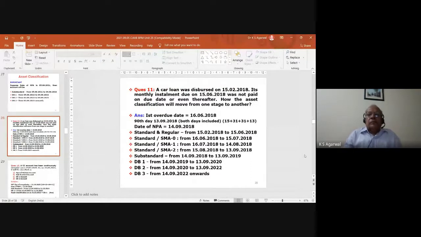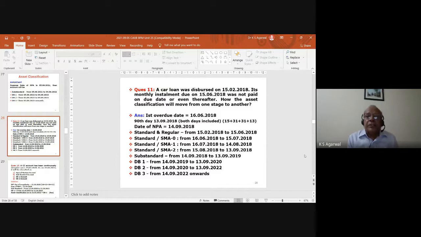This is one very comprehensive slide which will tell you when an account becomes standard, SMA 0, SMA 1, SMA 2, and so on. So the question is a car loan. This question may not be asked in your examination, but this is important from your understanding point of view.